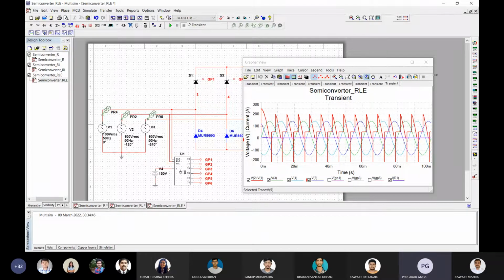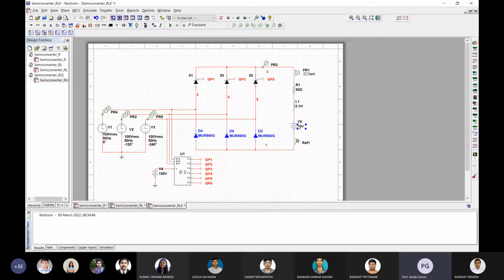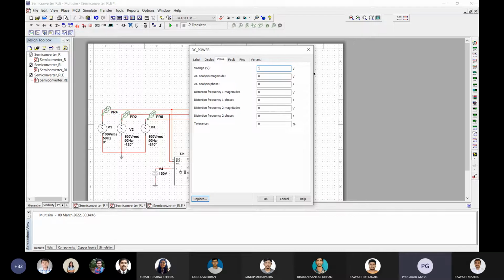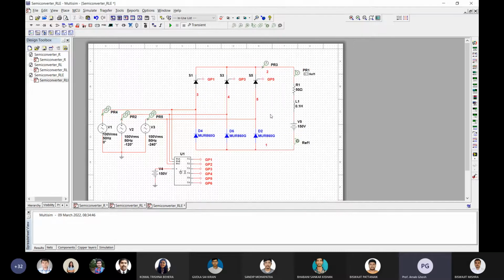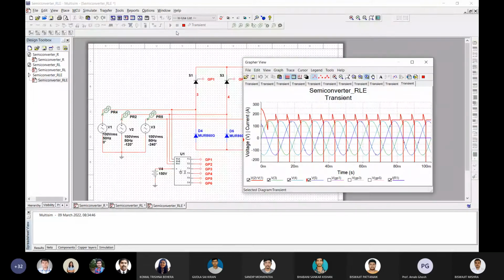So if we increase that E value, now make it E 150. Let me check. Are you able to understand now what happened? Yes, sir. Okay, good.